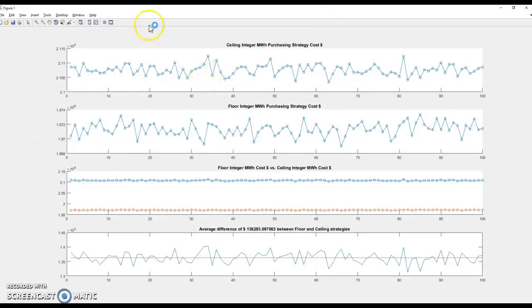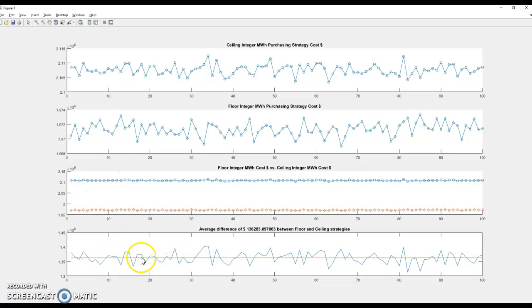Okay, so we have our ceiling integer megawatt hour purchasing strategy cost, and a floor integer megawatt hour purchasing strategy cost. You can see the difference. I probably need to label these, but for the demo purposes, we won't. But we can see that there's a significant difference here between the two.